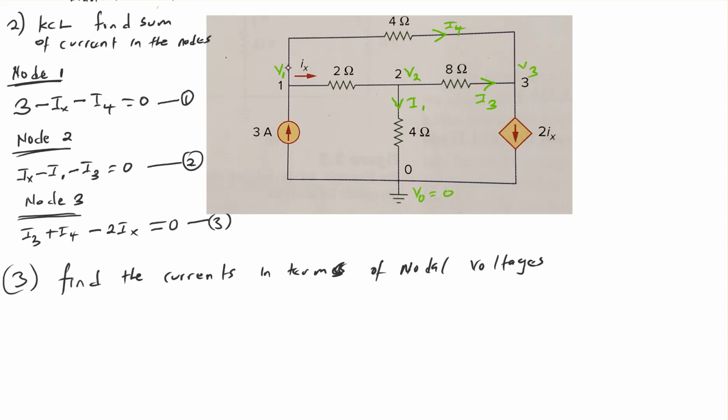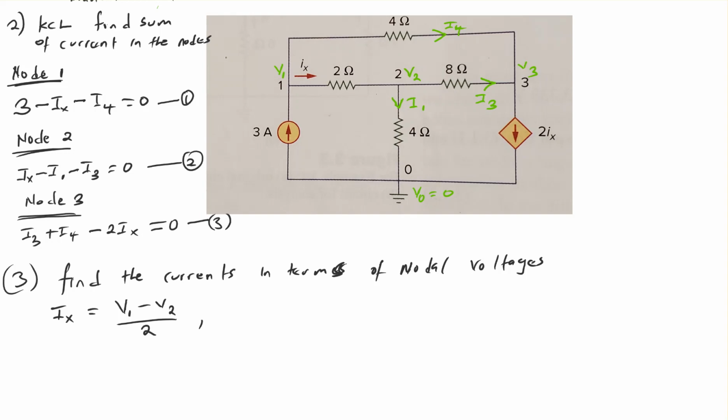It's flowing from higher potential to lower potential. The voltage drop here will be the difference between these two. So Ix is the voltage drop across it, which is V1 minus V2, divided by the resistance of that branch.